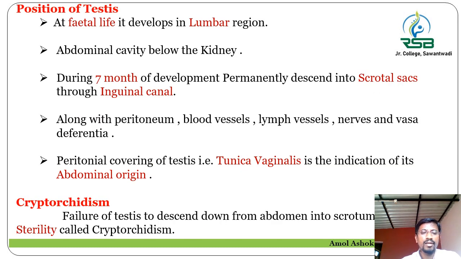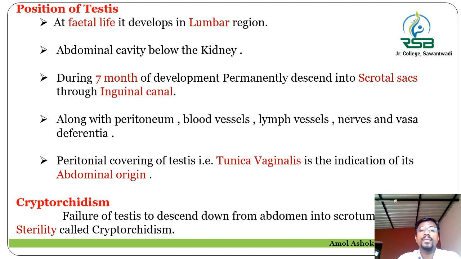Let us come to know about the position of the testis, where the testes are present in fetal life. When the male organism develops, at the fetal stage the testis develops in the lumbar region, that is in the abdominal cavity below the kidney.